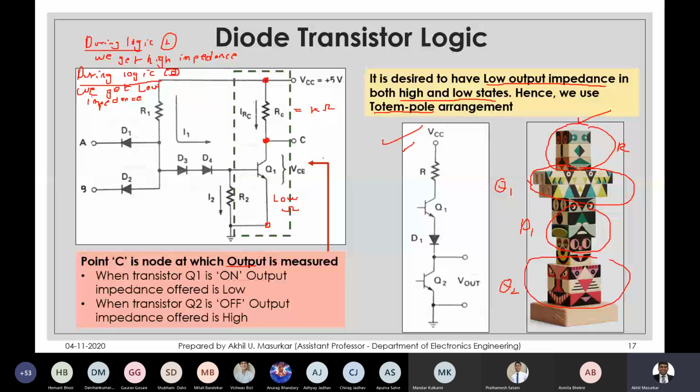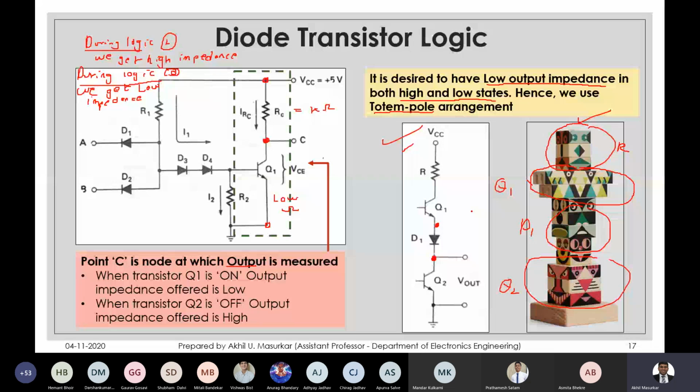So if I change the output stage, instead of Q1, now I will have two transistors, Q1 and Q2. This output you can take from here or here, it does not matter. It's up to you. Now why are we going for totem pole arrangement? In the Viva they may ask you.